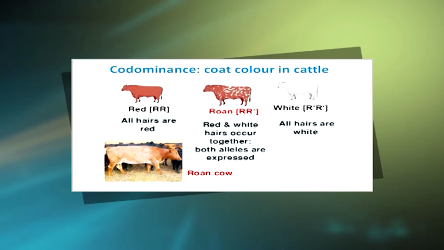Animals with the heterozygous genotype R R prime have some red pigmented hairs and some white hairs and appear as roan. When a red cattle is mated with a white cattle, the calves have a mixture of red pigmented as well as white hairs, giving them an overall color called roan.